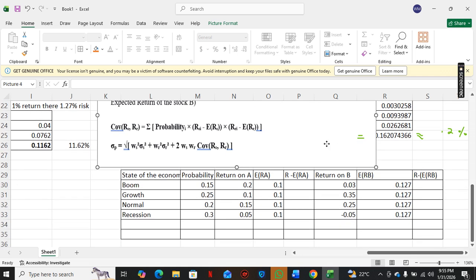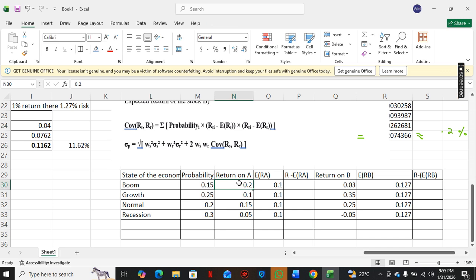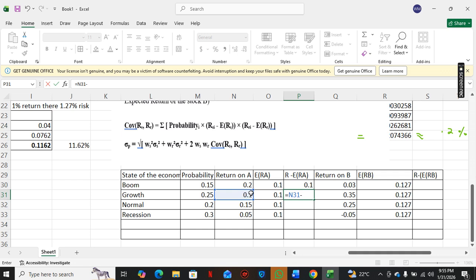Remember, you're subtracting each return minus the expected return. For investment A, when the economy is in a boom, the return is 20%. 20% minus the expected return of 10%. Just the way we got the deviations earlier on is the same thing we're doing here. Each return minus the expected return.